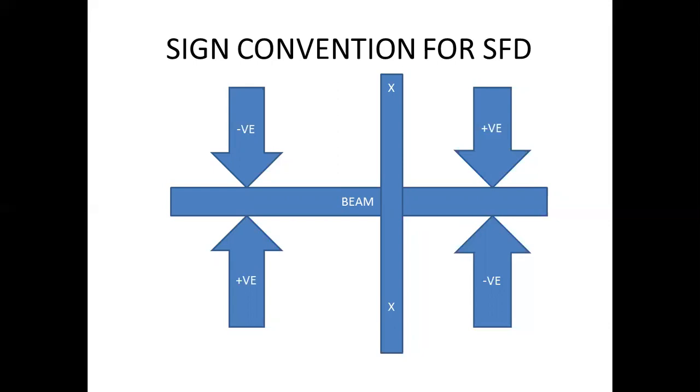And on the left side of the section, if downward force exists, then we will take it as negative, and if upward forces are there, then we will take that force as positive force. So these conventions we will follow while solving a numerical problem of shear force diagram. You can take it opposite also. Sign convention depends on you.